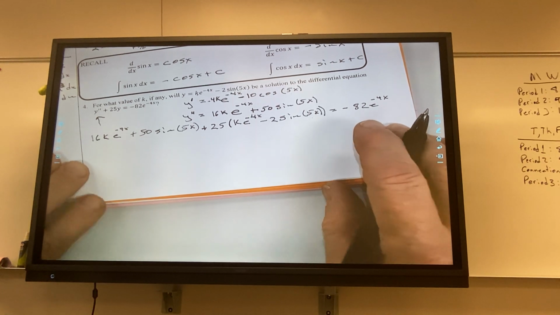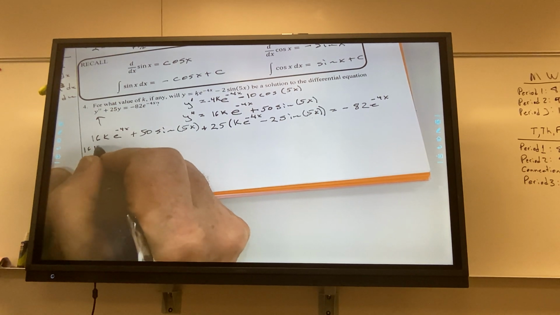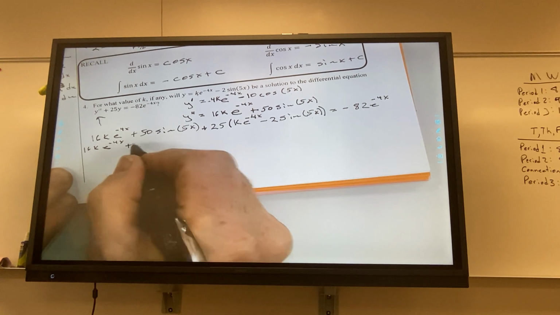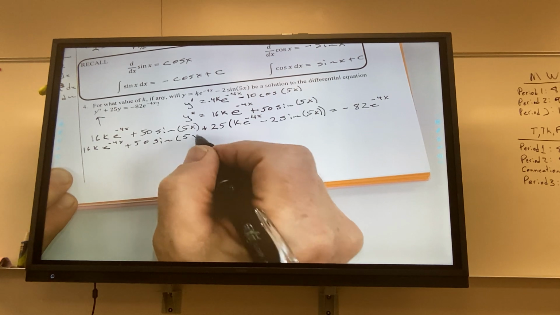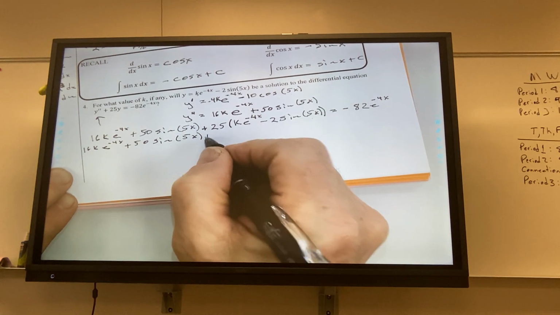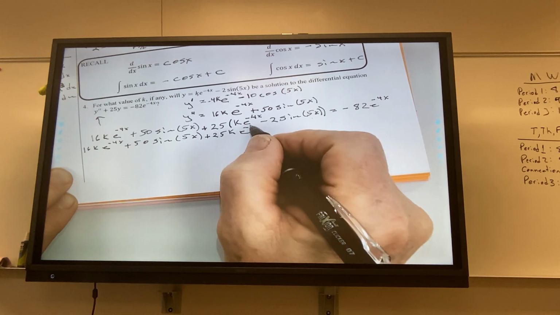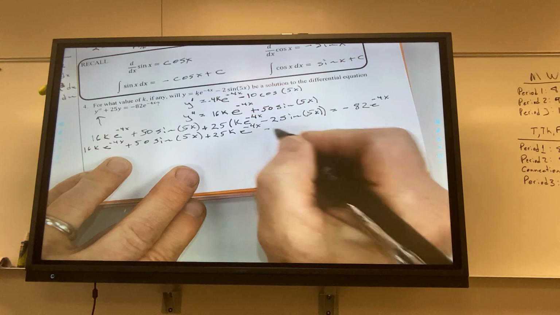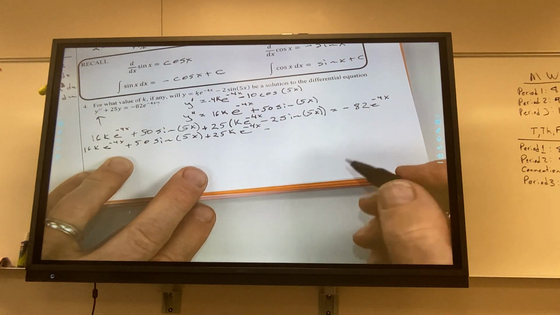All right, what do I get here? Move a little bit to the left. 16k e to the negative 4x plus 50 sine of 5x plus 25k e to the negative 4x minus, oh, I am so happy, Walker, you're gonna find out why.